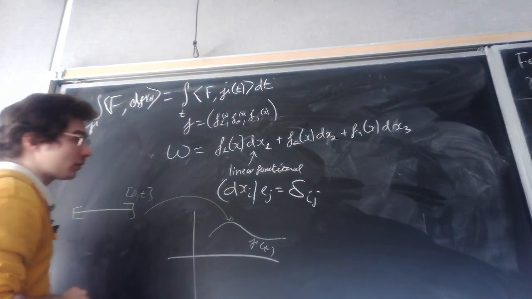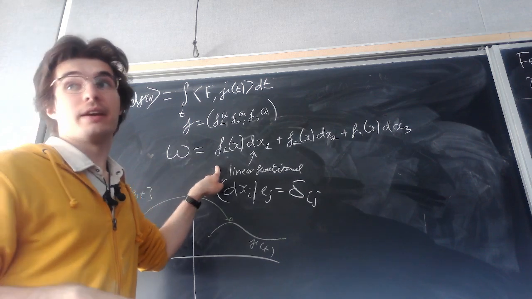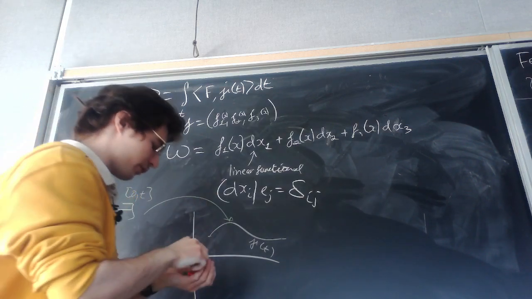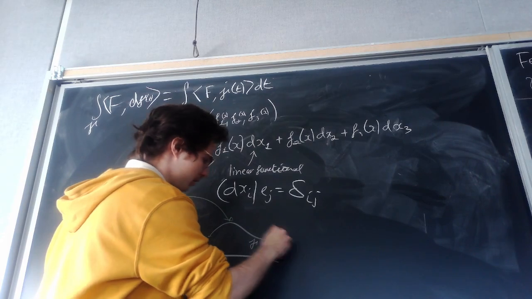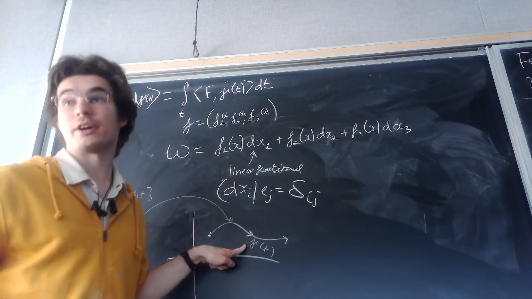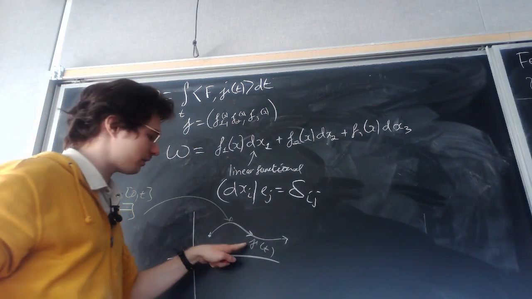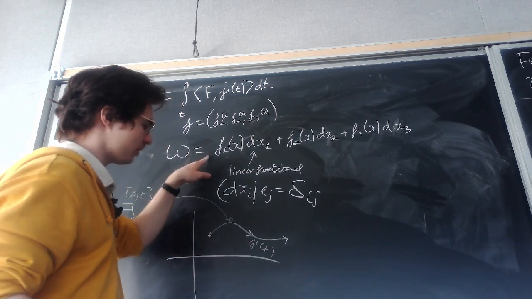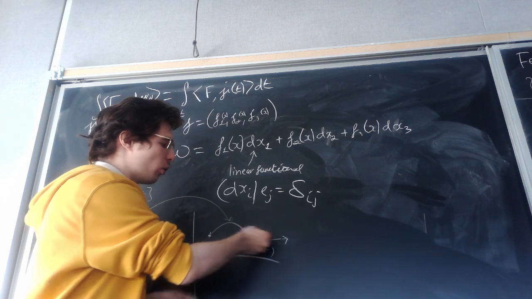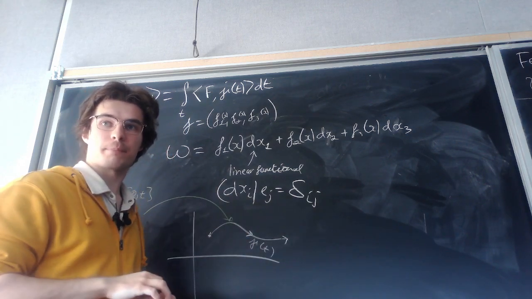So we aren't interested in this linear functional on all of R3. We're interested in this linear functional just on gamma. So what do we have to do? We have to take this linear functional and somehow restrict it to only be taking stuff related to gamma. Do you agree?